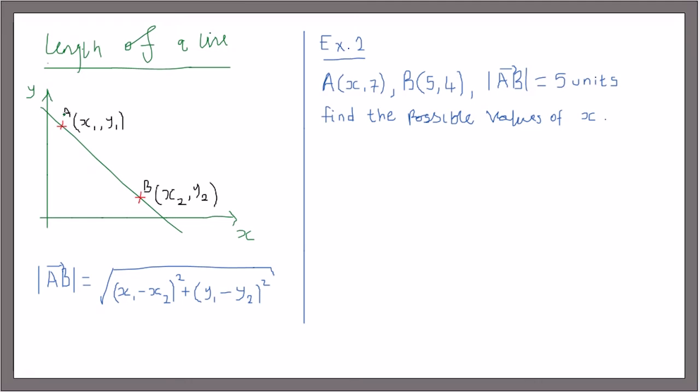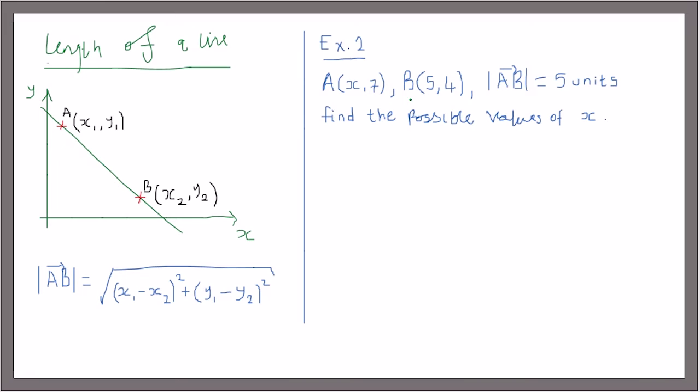So given any two points A and B, find out your x1, your x2, your y1 and y2, and then substitute here. So let's finish this by looking at such an example. These questions will be set in different ways. Look at this question. You're given point A as x and 7, and there is an unknown here.